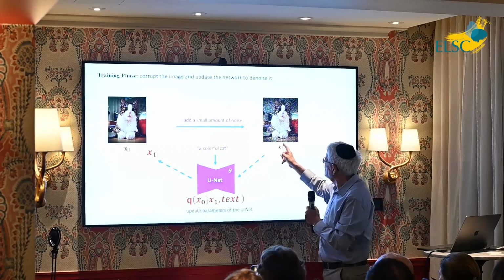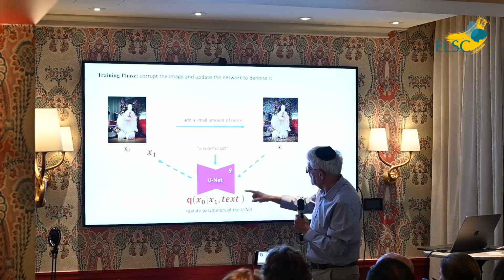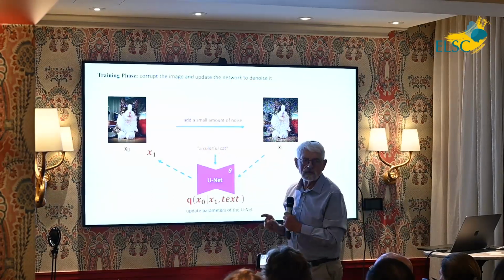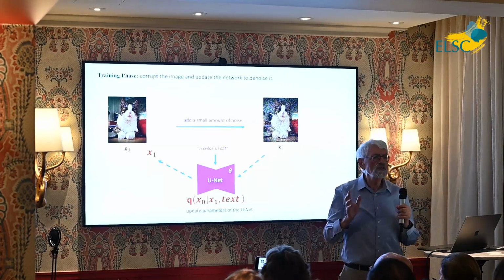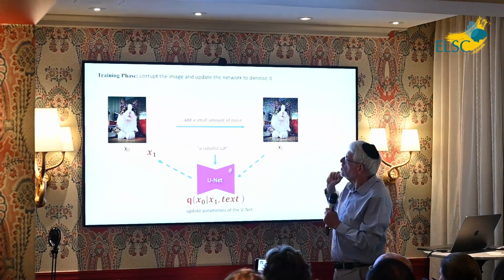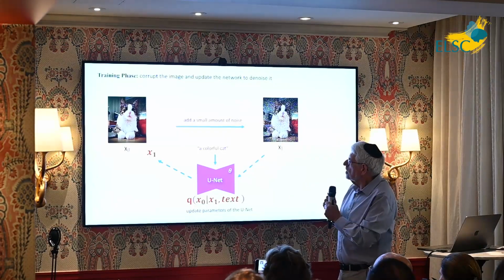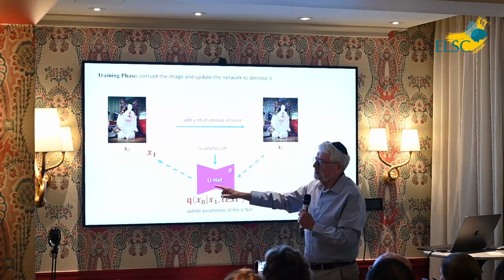So you train a network to take this and to clean it to this. This is a well-known problem in machine vision. Denoising is doing this. But it turns out that if the amount of noise is small, it's easy to train a network to clean it.